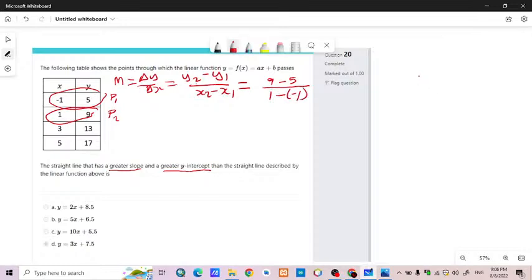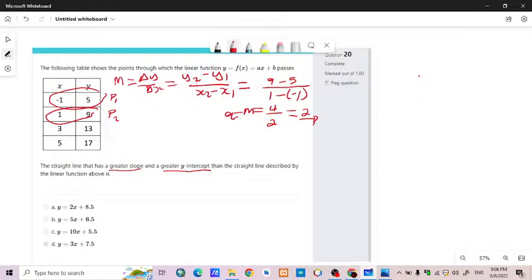So this becomes, at the top we have 4, at the bottom we have 2. If you have minus like this, it simply becomes like a plus, right? So this 4 divided by 2, it's 2. Okay, that is our m, that is our a in terms of how your general formula is given.